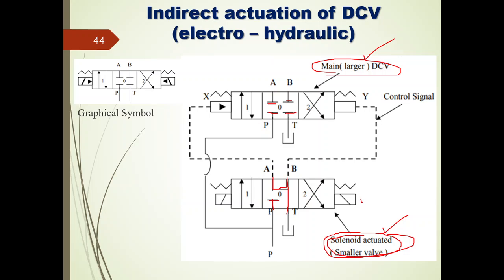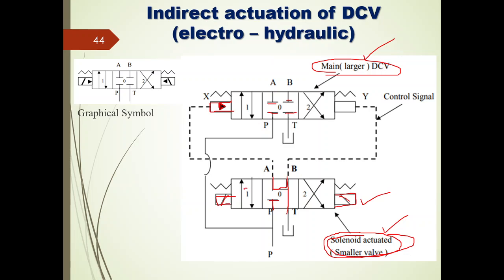So I will be actuating the smaller direction control valve with the help of a solenoid here, whereas I will be actuating the main or the larger direction control valve with the help of the hydraulic oil or the hydraulic pressure here, right?